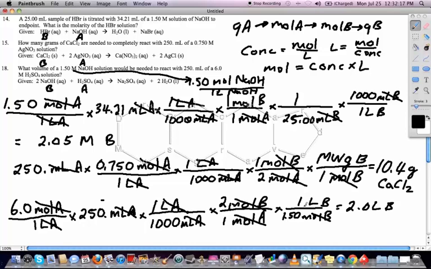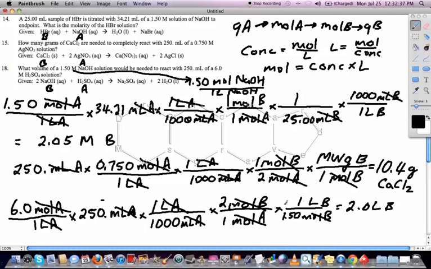Now the same thing as dividing by the concentration is multiplying by 1 over the concentration, which means we're flipping it. So 1.50 moles per liter becomes 1 liter per 1.50 moles. So it's times the inverse of concentration, or the flip of concentration. And that's why we're flipping it. So that's the other way of looking at it.